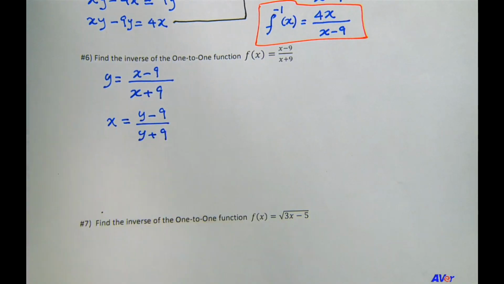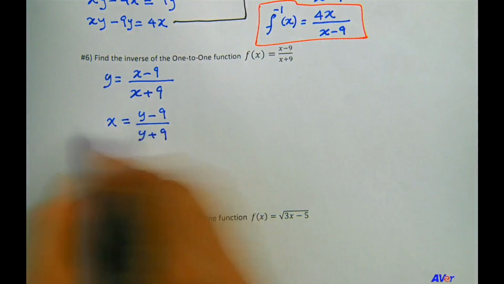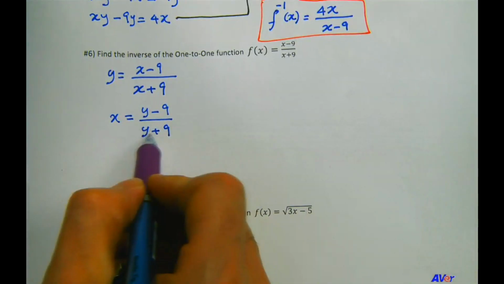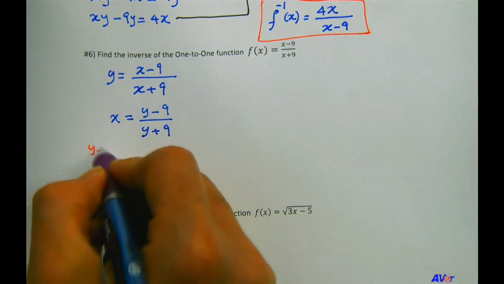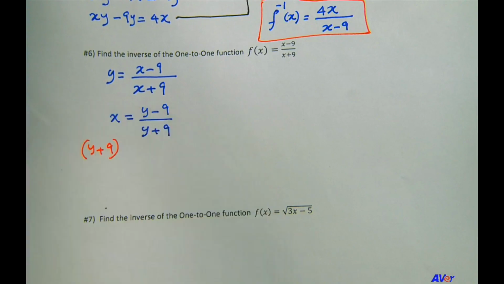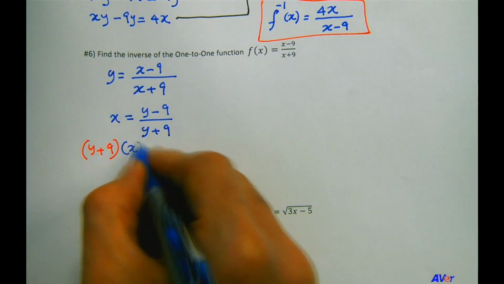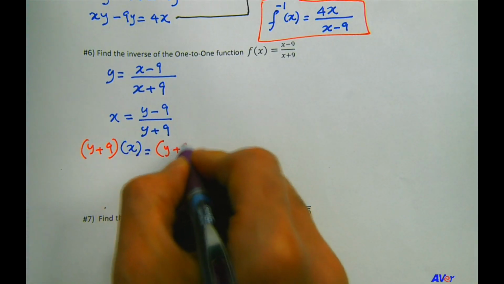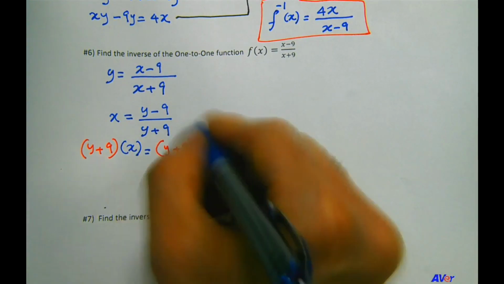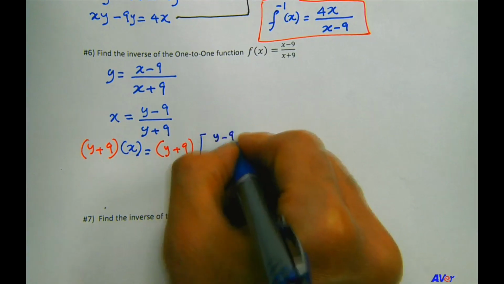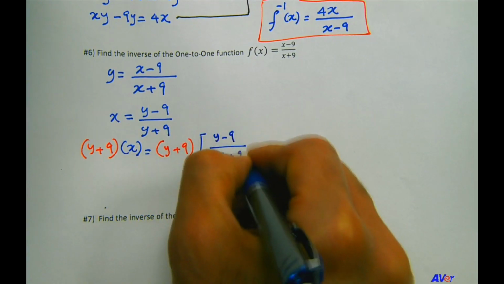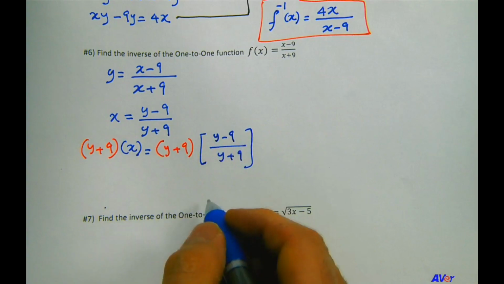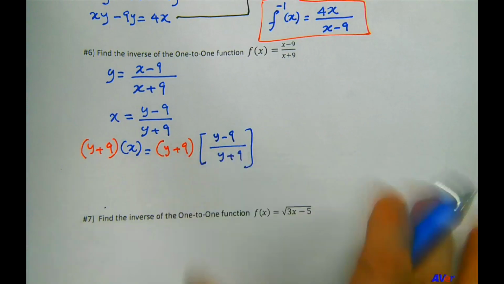And then let's clear the fraction by multiplying both sides by y plus 9. Like that.